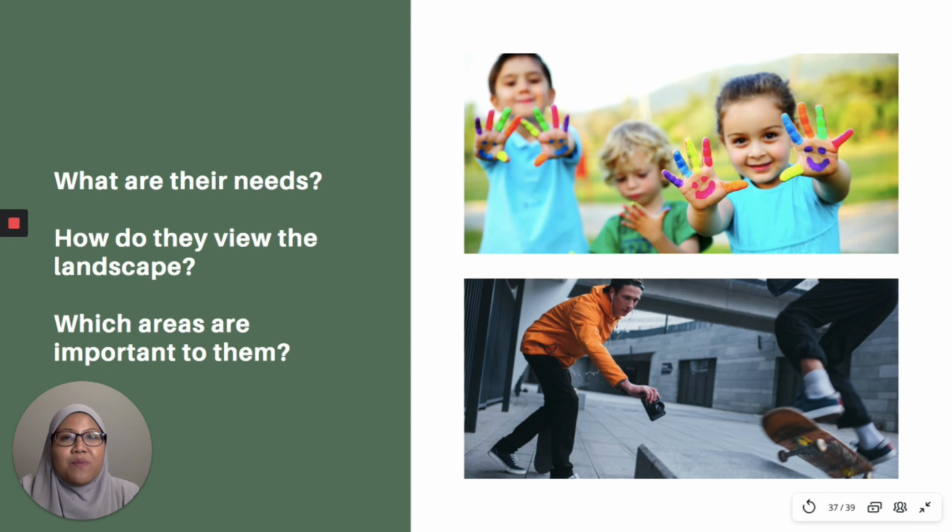So we can start by studying them or even interviewing and asking them what their needs are and how they view the landscape as a place for recreation, or maybe as a place to relax or even learn. And then we can also map the areas that are important to them so that we can identify the potential places that can be improved further or proposed to be something new.